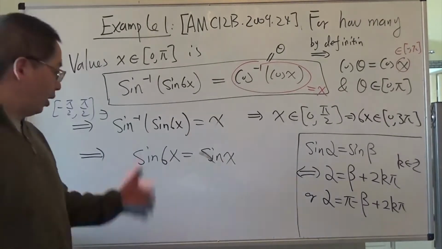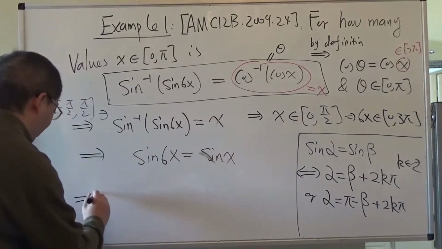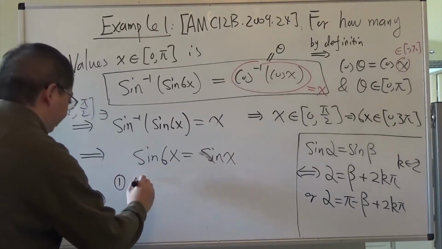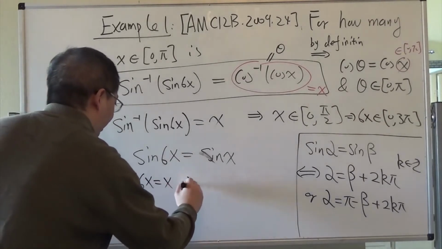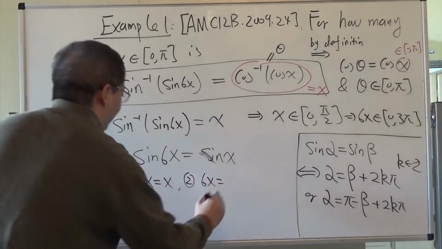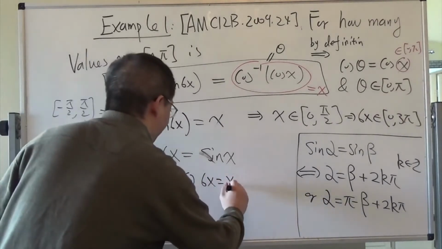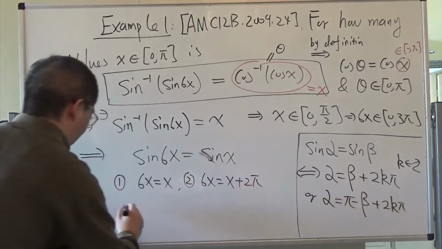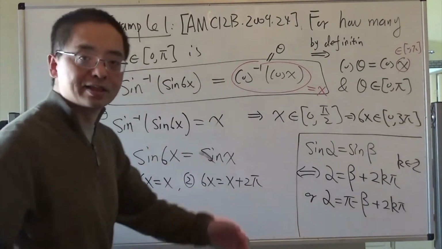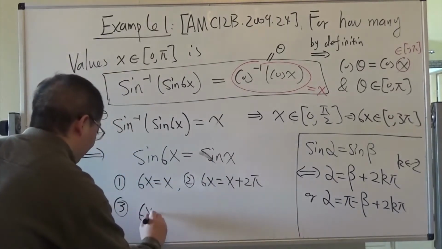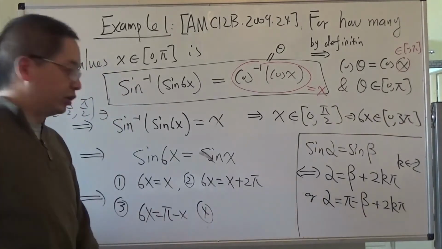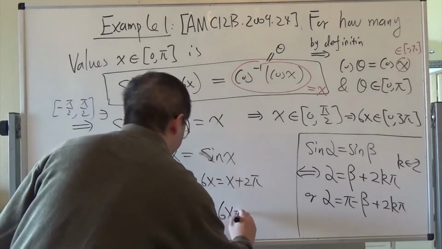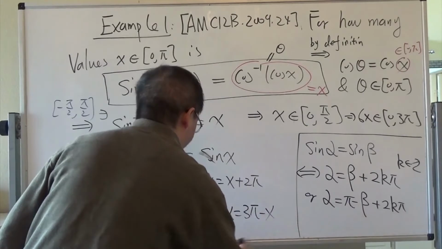Therefore, what we can deduce from here is either 6x equals x, or 6x equals x plus 2 pi, or 6x equals pi minus x, and the last situation is 6x equals 3 pi minus x.